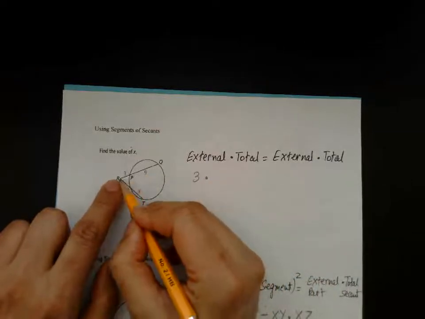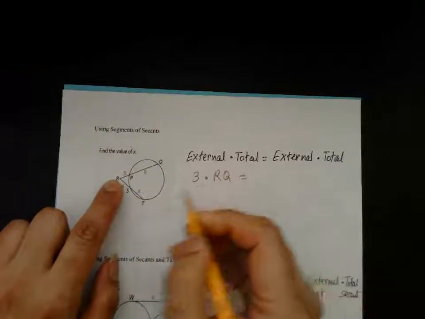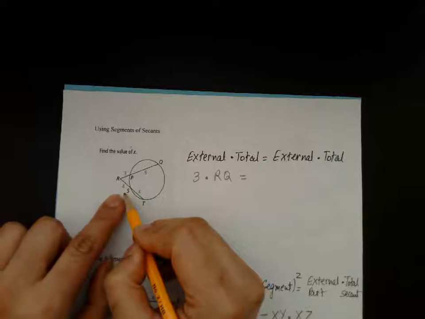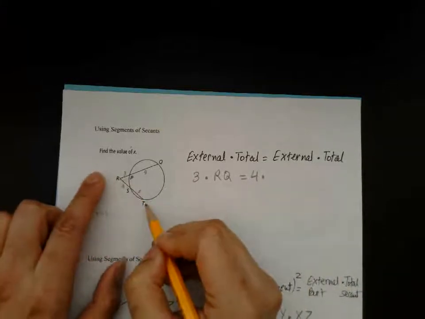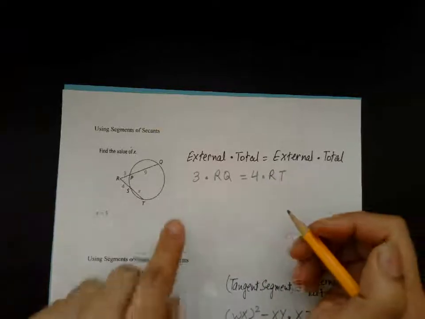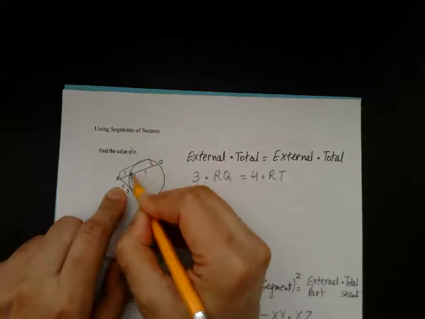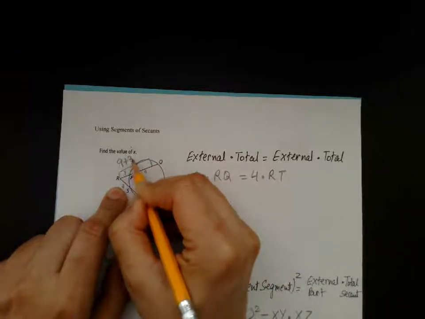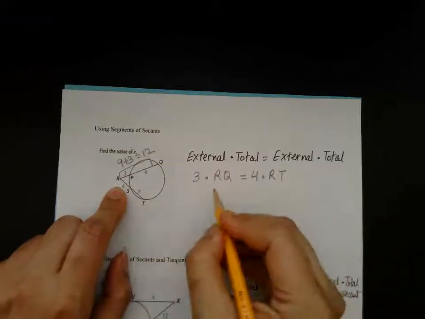What is total? Total is RQ. RQ. External part of the secant is 4 times total. Total is RT. Now what is RQ? RQ is nothing but 9 plus 3, which is 12, segment addition.